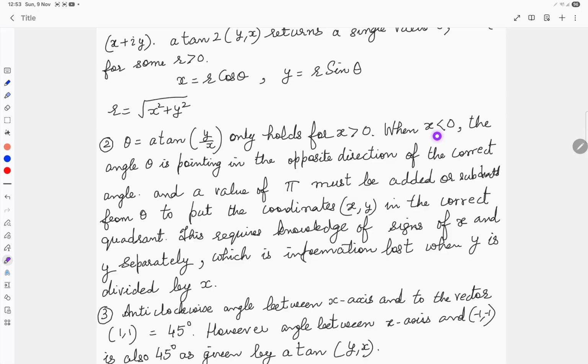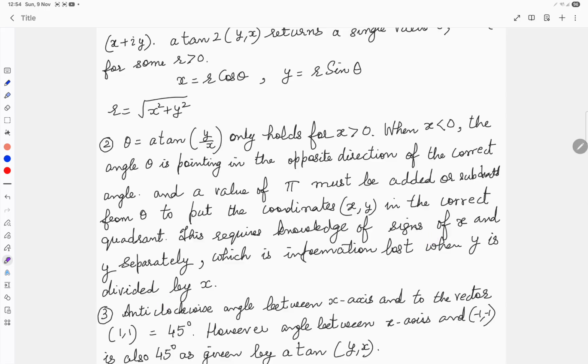So the first problem comes when x is less than 0. In that case, in which quadrant we have to add pi or subtract pi, we must know, we must have the knowledge of the signs of x and y separately. Now if we are using this tangent function, in the first quadrant y is positive, x is positive, and we will get a value theta, no problem.